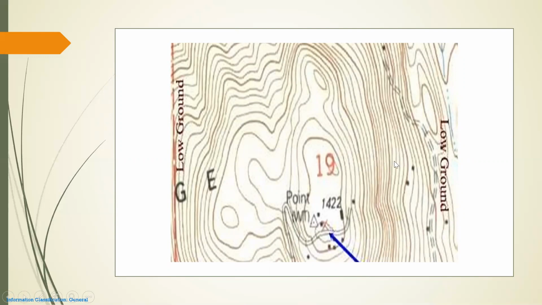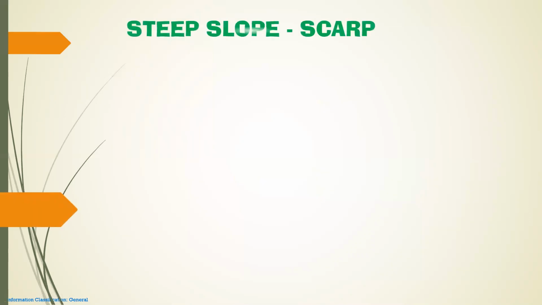Here the contour lines are very close. It shows the steepness or elevation of the land. Here they are further apart, and in this part, the absence of contour lines shows the land as flat. In these three ways, contour lines help us identify the steepness and slope of the land.